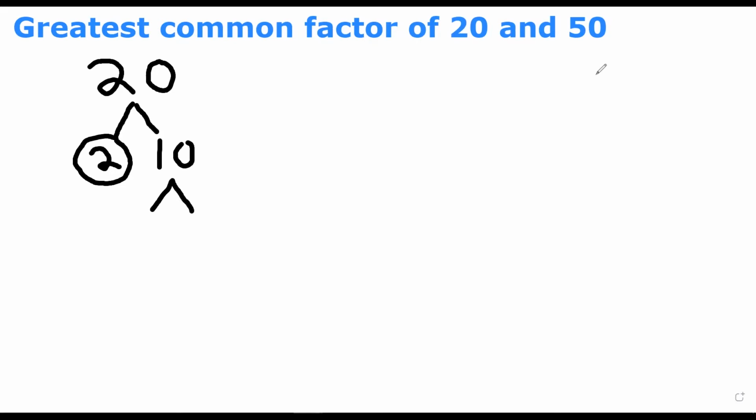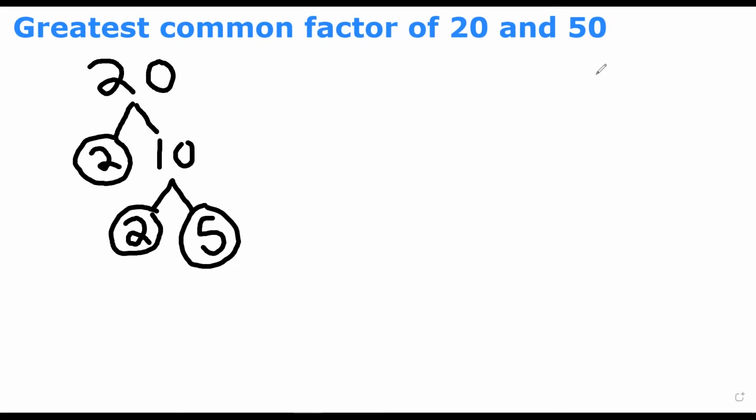What's a factor pair that you can think of for the number 10? A factor pair that I can think of for the number 10 is 2 times 5. Now both 2 and 5 are prime numbers, so we can circle both of these. Now we can see that we are left with only prime numbers. Therefore, we have found the prime factorization of the number 20.